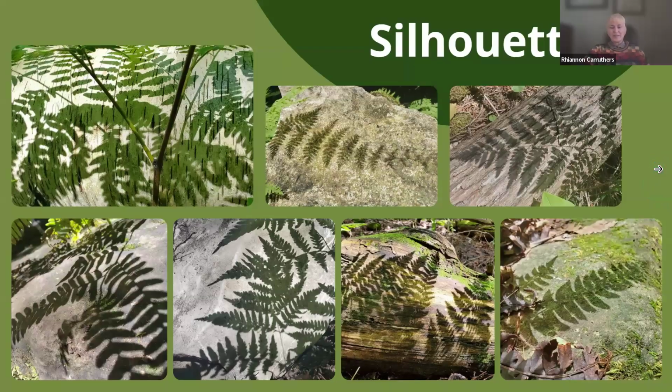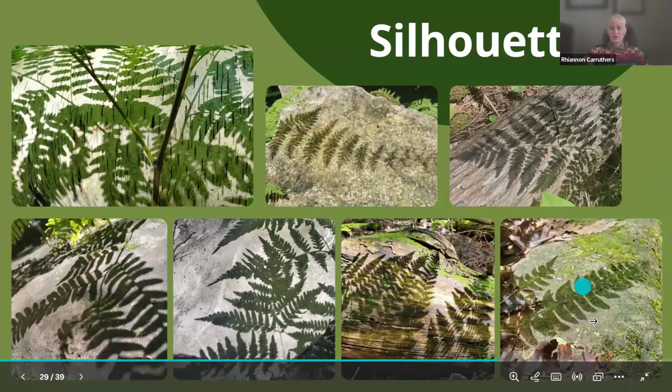So I find on a bright sunny day that a great way to practice looking at shapes and divisions is to actually find fern shadows. It's the same thing, how the checklist works, it's the silhouettes. You can see here that it's once divided, pinnate, pinnatifid here because it is still attached.